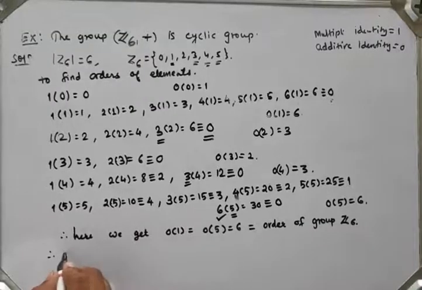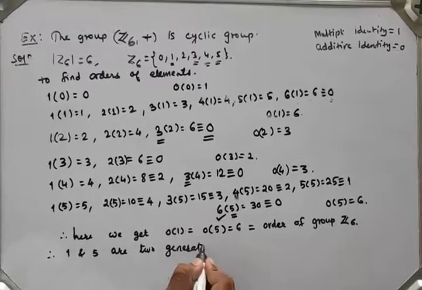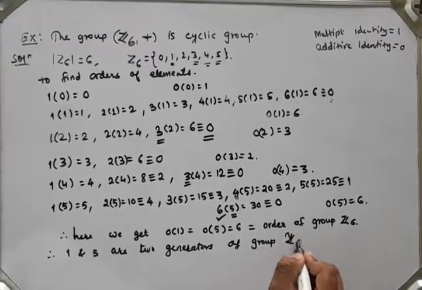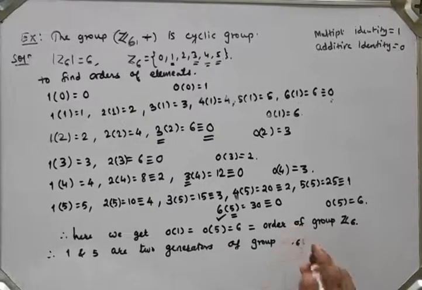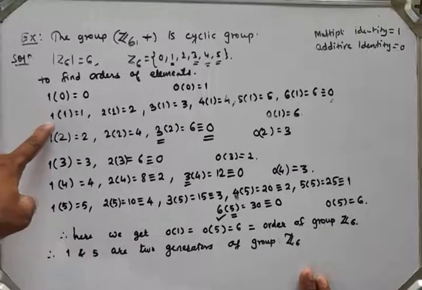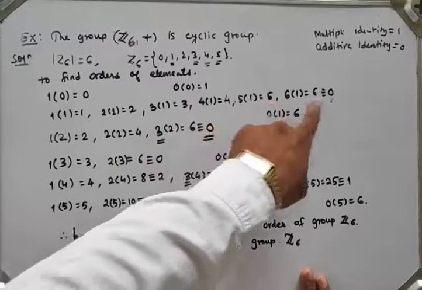Therefore, here 1 and 5 are the two generators of group Z6, right? Here 1 and 5 are the two generators which generate group Z6, because if you look, here 1 into 1 is 1, here 2, here I get 3, 4, 5 and 6, means 0.